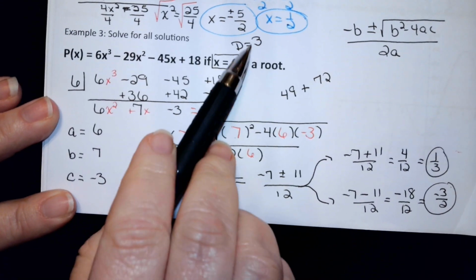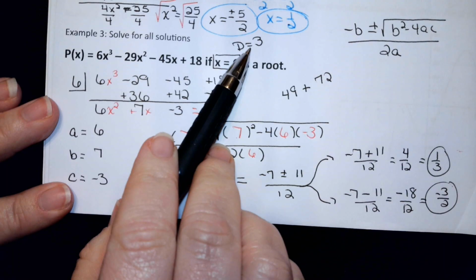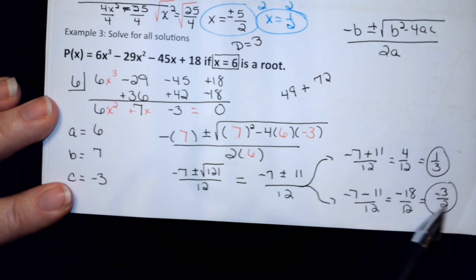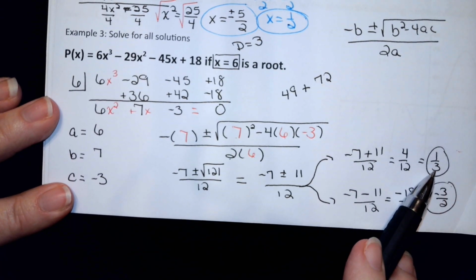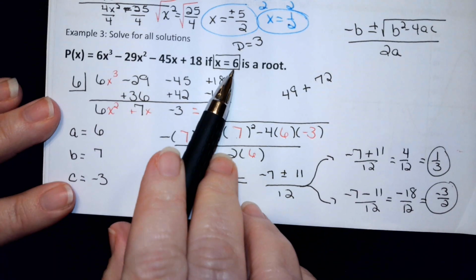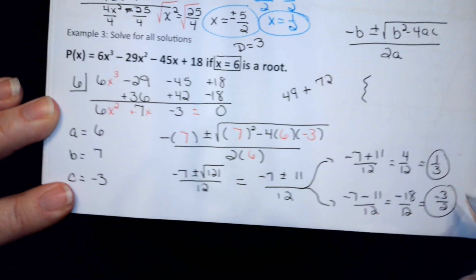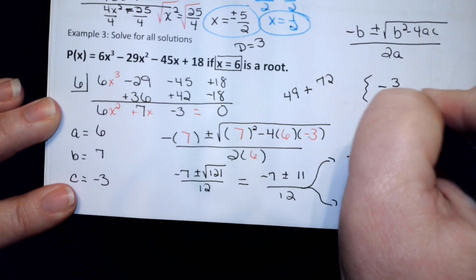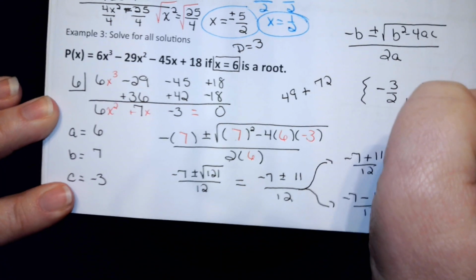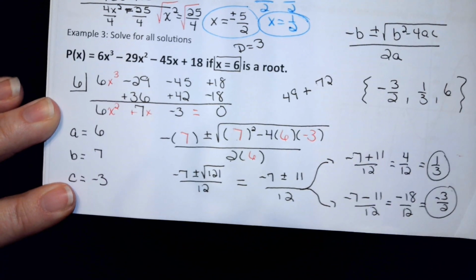Alright, we're supposed to have 3 solutions, so do we have 3 solutions? Yes, we do. We got -3 halves, positive 1/3, and then the root they already gave us, 6. So our 3 solutions are -3 halves, 1/3, and 6. So that's all 3 of our solutions.